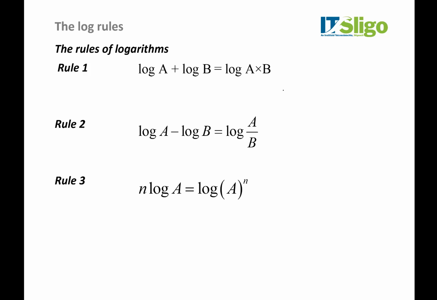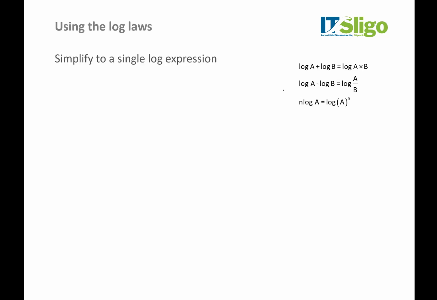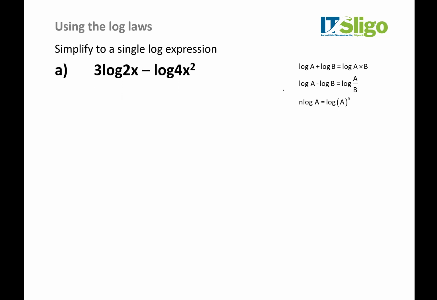So these rules will appear beside each problem as we work our way along. And these are the problems we encountered in semester 1, where we're trying to compress two log terms into a single log expression. There's no equal sign here, so we're not solving anything. We're just simply compressing the terms.